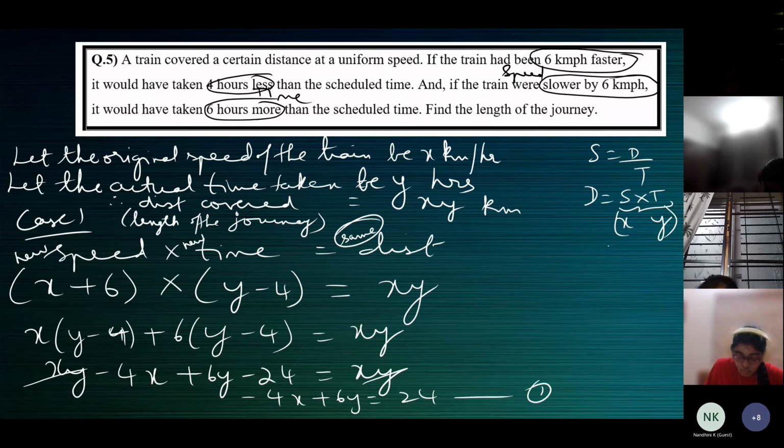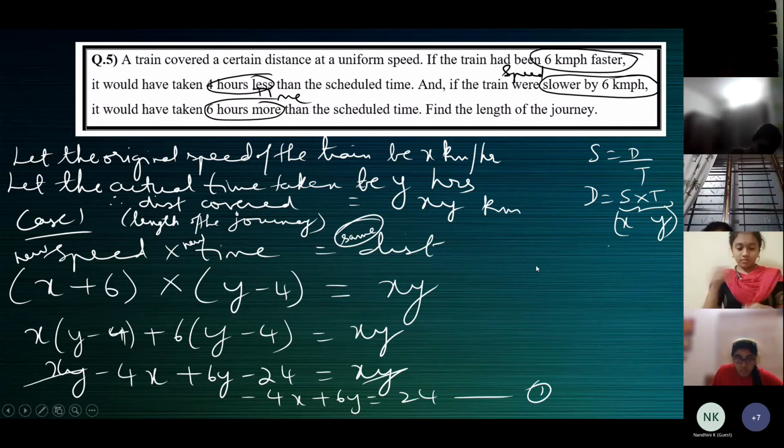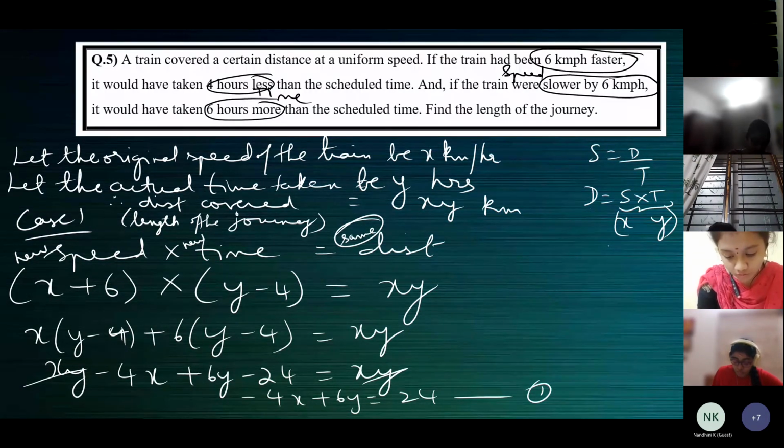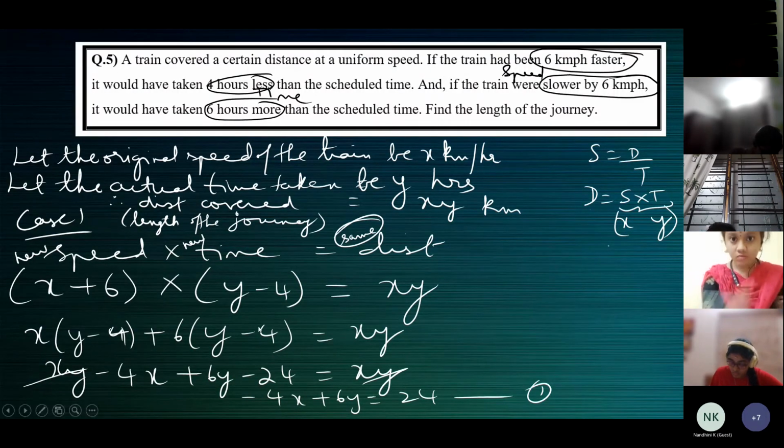If you have not finished, just take a screenshot, children, because it's also time. I just have to finish. I'll just give you the second equation. You may then solve it and find the values of x and y. After finding the values of x and y, you must find xy because you should find the length of the journey. That will be the answer. The length of the journey is the answer. Okay, take a screenshot if you have not finished.